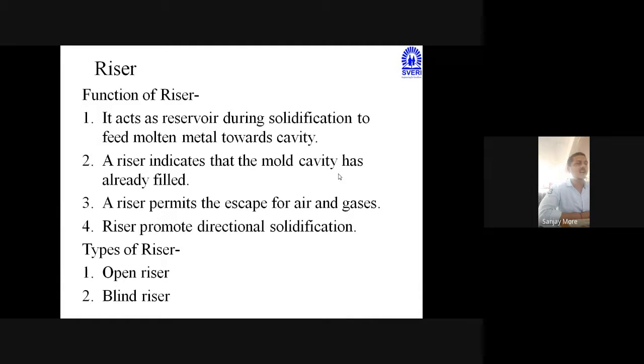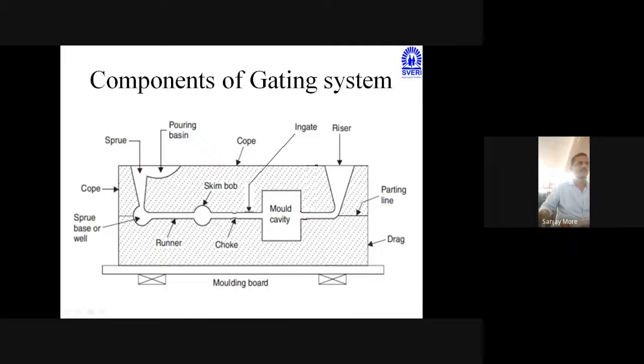Then the riser permits the escape of air and gases. Here you have to pour liquid molten metal at a temperature of 1000 or 900 degrees Celsius. This molten metal goes to the mold cavity, but with continuous pouring there is no way to remove the oxide gases or fumes.